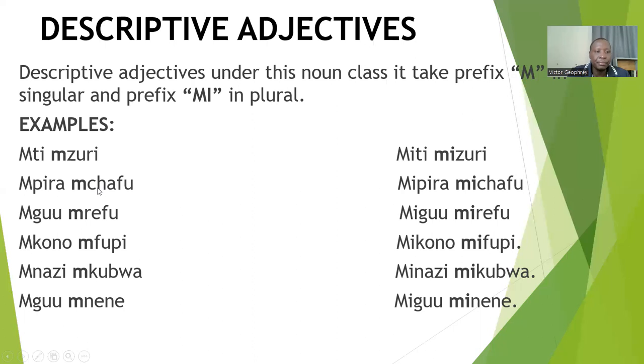Mpira mchafu, the dirty ball. You see the root is chafu, add "m" so it becomes mpira mchafu. Plural is mipira michafu. Mguu mrefu. Miguu mirefu.